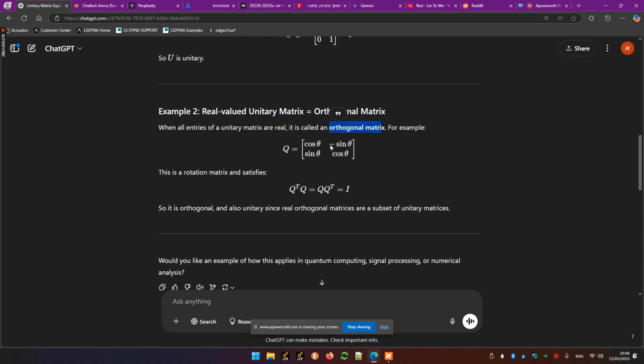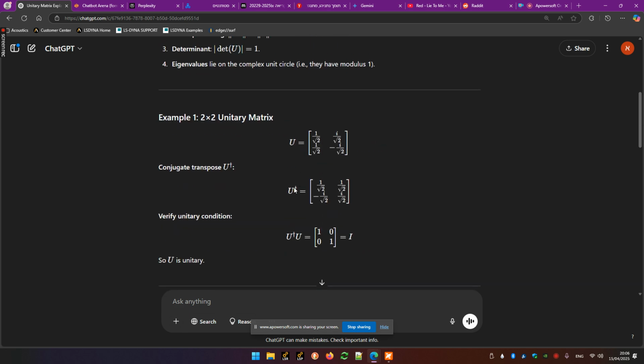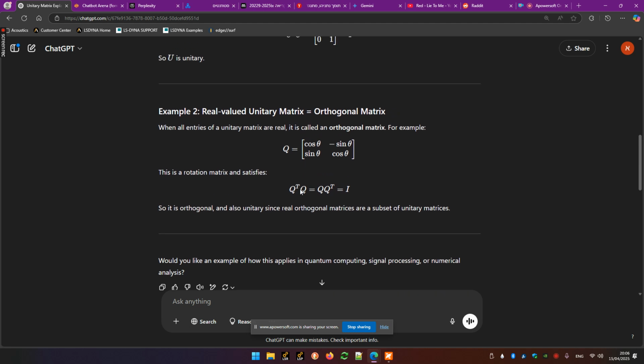If you look at this matrix, again, you will take the inner product of this column with this one, you will get 0. And now we are in the real field, so instead of the conjugate transpose, we're just taking the transpose. So if you take the matrix transpose times the matrix, we are getting I.